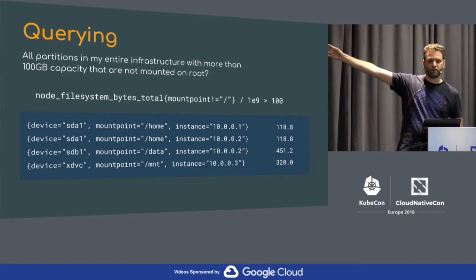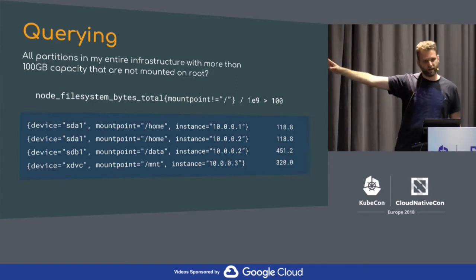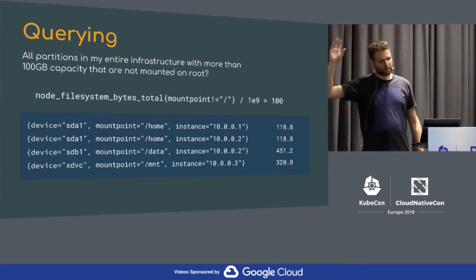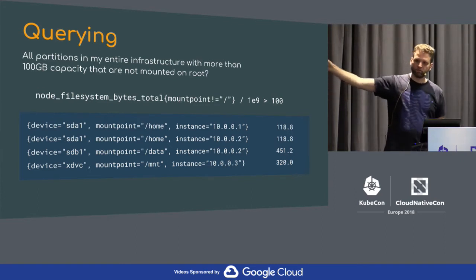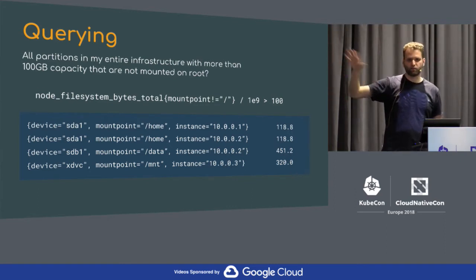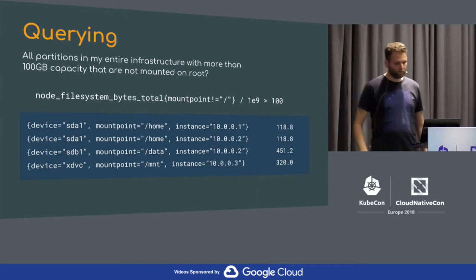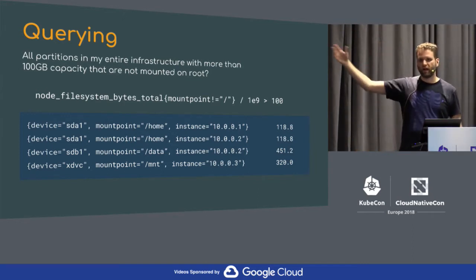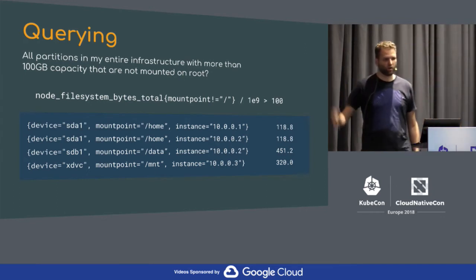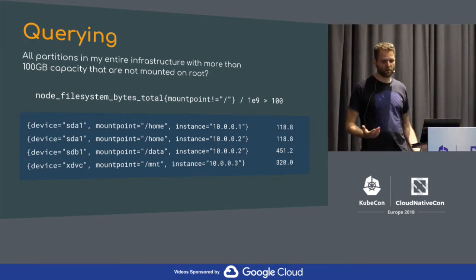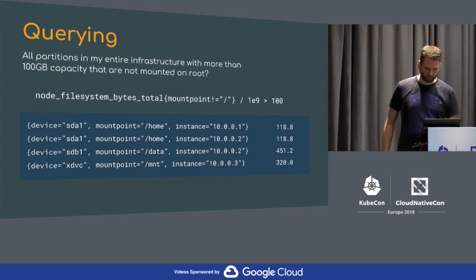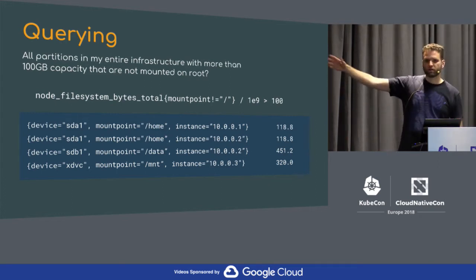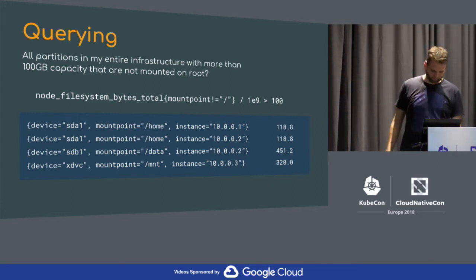But then we can add filters, like do not give me the ones that are mounted on root. Divide that whole set of time series by 1 billion to go from bytes to roughly gigabytes. And then I only want the ones that are actually larger than 100 gigabytes. And this would give me all the partitions not mounted on root larger than 100 gigabytes in all of my infrastructure. And the output also contains the useful labels.